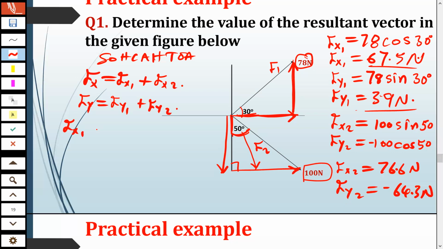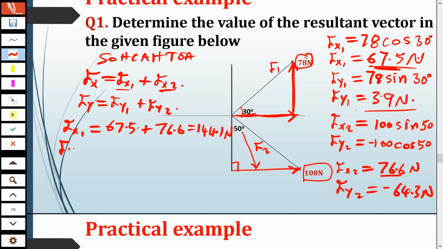Fx1 we found was 67.5, then plus Fx2, 76.6. So 67.5 plus 76.6 gives 144.1 newtons.